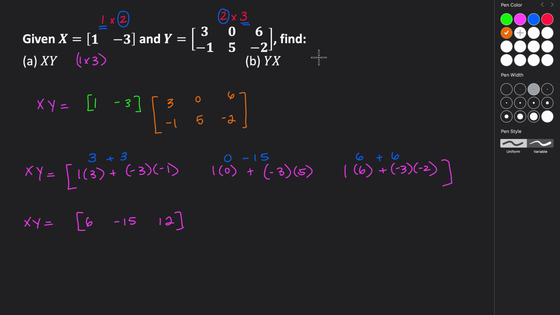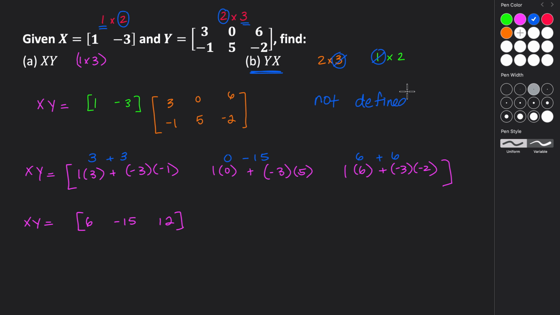Well, it's a 2 by 3 matrix multiplying a 1 by 2 matrix. And we can see that the number of columns in our first matrix is not the same as the number of rows in our second matrix. So this product actually is not defined.